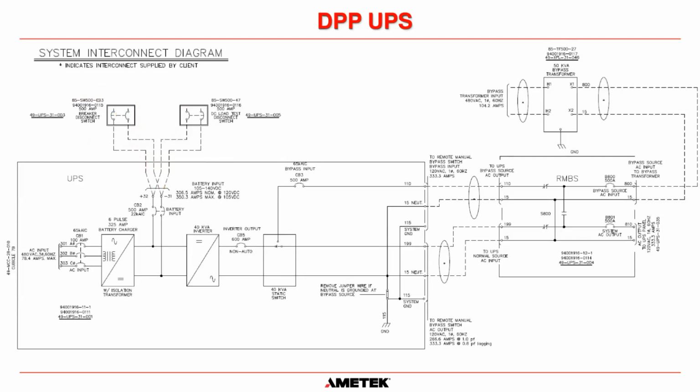So if you install an external disconnect switch, that allows you to open it, lock out, tag out, and then therefore you can make these terminals here volt free to either replace a UPS or to do maintenance safely. Okay, so that's a very, very good thing to do, is to have an external disconnect from the UPS.